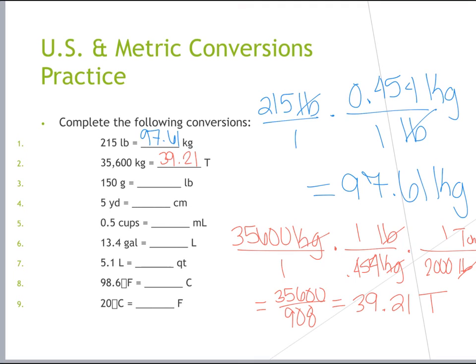Okay, let's do grams to pounds. So 150 grams equals how many pounds? If you take a look at your table, we know ounces in grams, so you're going to have to do a couple steps again.